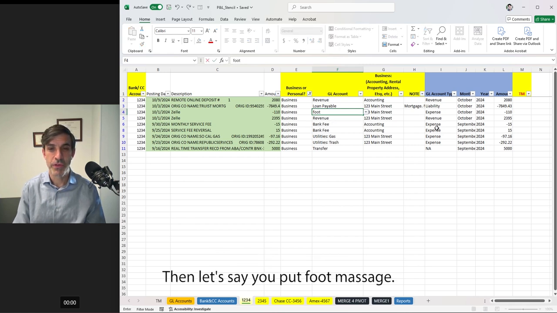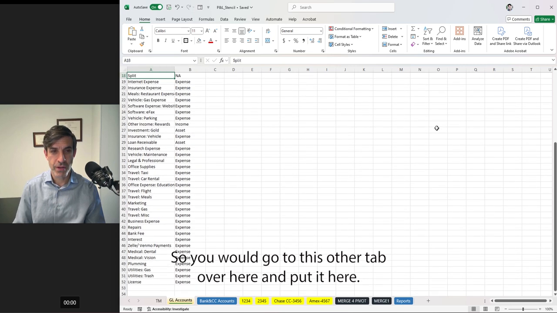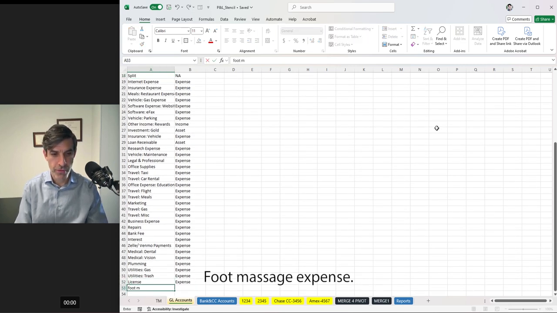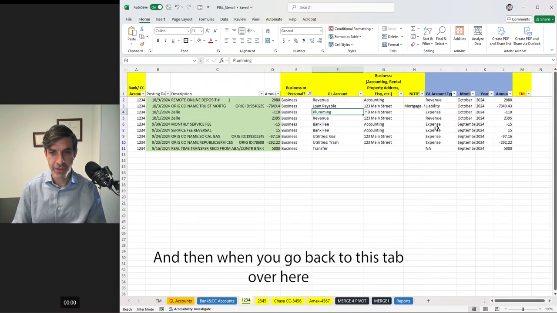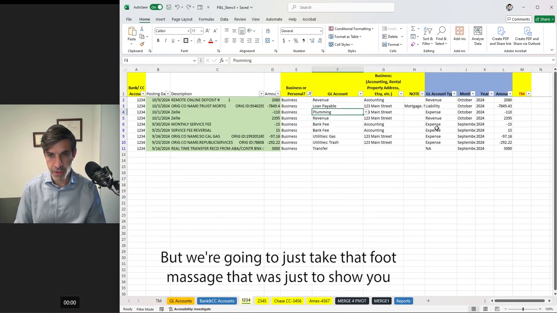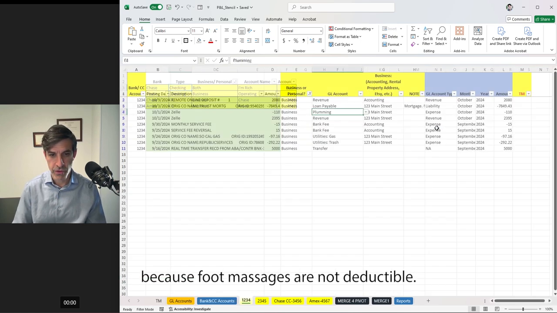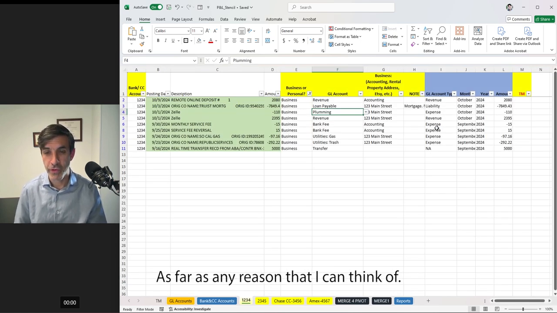Then let's say you put foot massage, it's not there. So you would go to this other tab over here and put it here, foot massage, expense. And then when you go back to this tab over here, you can put in foot massage and it's there. Okay, but we're going to just take out foot massage. That was just to show you, because foot massages are not deductible as far as any reason that I can think of.